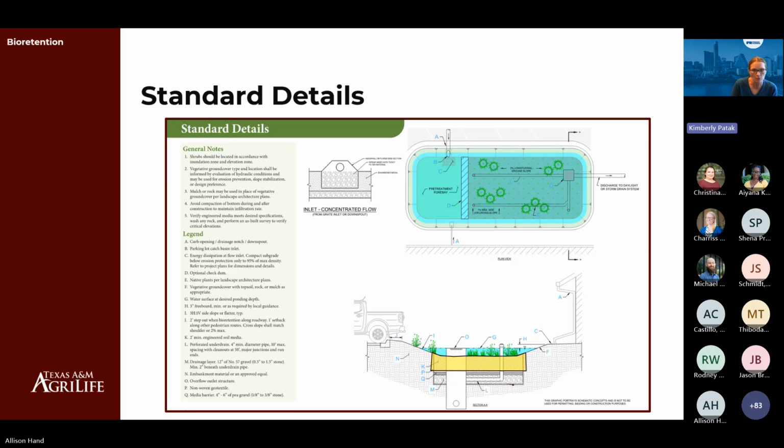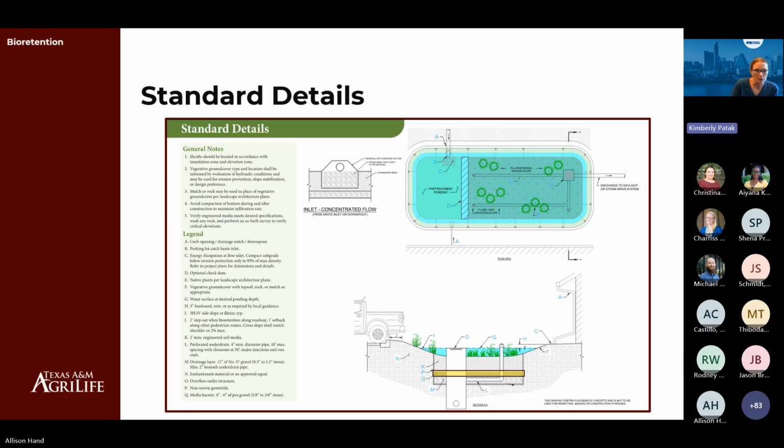So close coordination with your landscape architect to determine the appropriate depth for that, because if you're wanting to put in trees, then you're going to need to have a deeper section to have adequate sustainability of those plantings. And then the next layer would be the media barrier to inhibit material from the engineered media infiltrating into the bottom gravel layer.